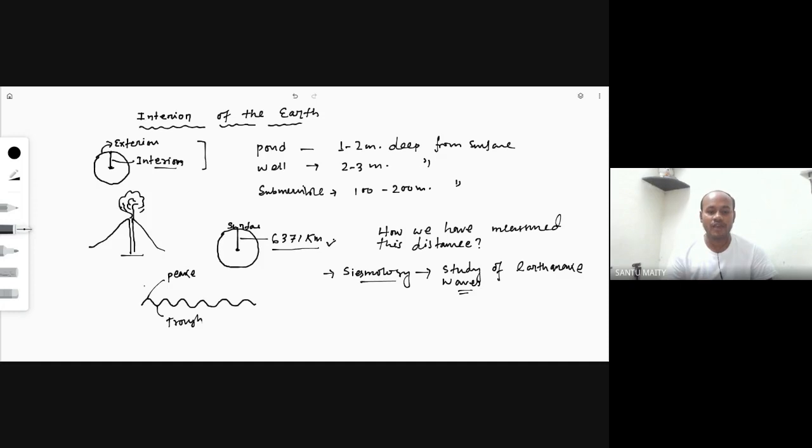The distance between two peaks, the first peak and the second peak, is called the wavelength. Because of the earthquake, it will produce waves, and earthquake waves have the capacity to travel anywhere.